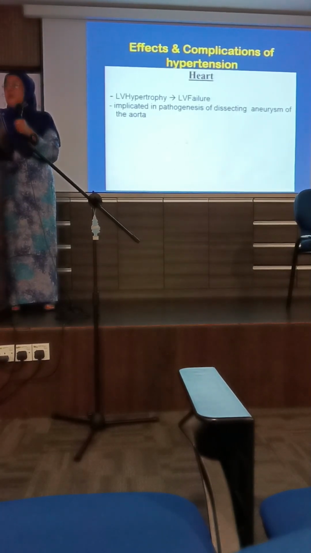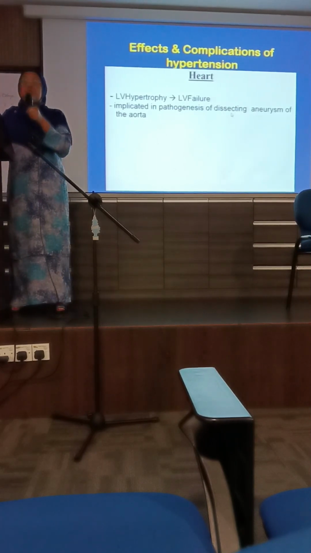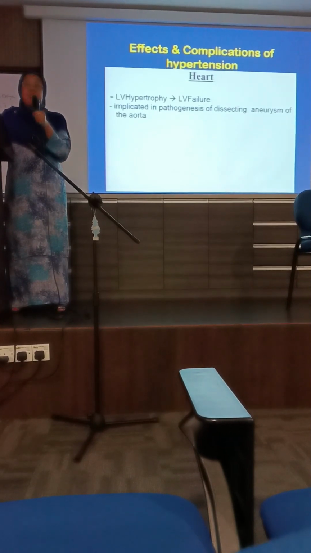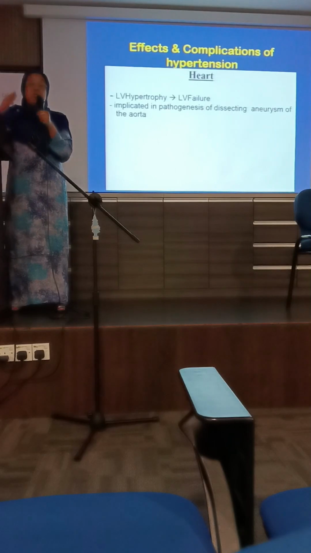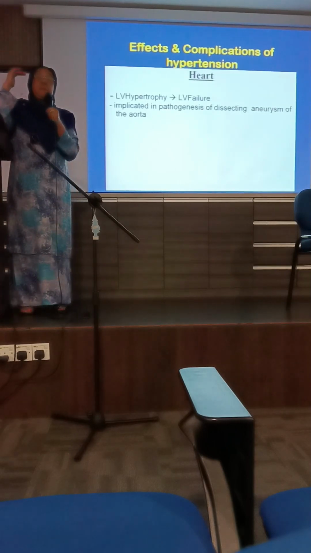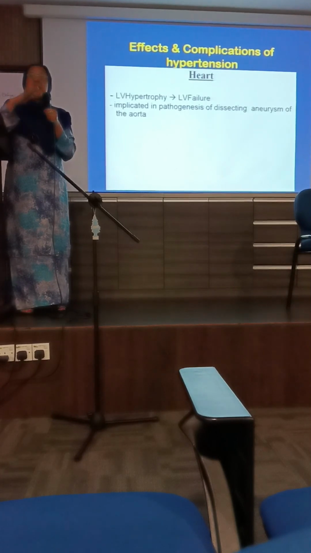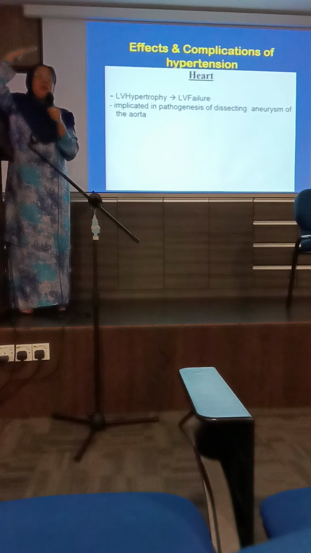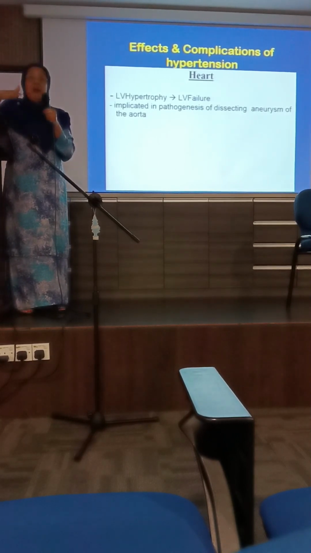Of course, it is implicated in the pathogenesis of dissecting aneurysm of the aorta. In atherosclerosis, there is dissecting aneurysm. If the patient has atherosclerosis of the aorta and develops high blood pressure, it can split the wall of the aorta.